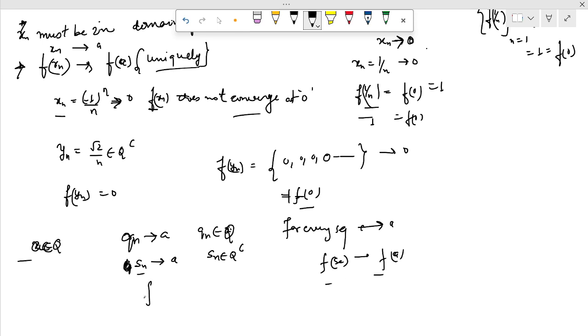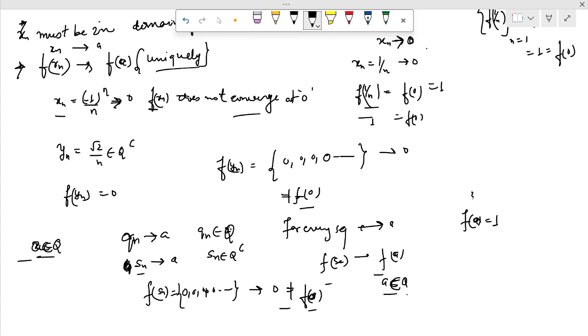See, if I take f(sn), certainly it will be equal to 0, 0, 0, 0, and so on. This is a 0 sequence, this converges to 0, and certainly this is not equal to f(a) where a belongs to rational. I'm getting my point, because if a belongs to rational, then f(a) is equal to 1.